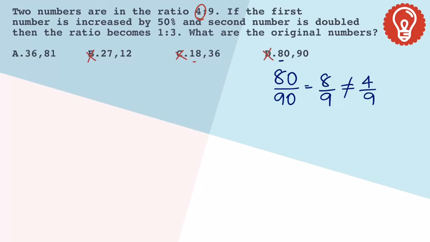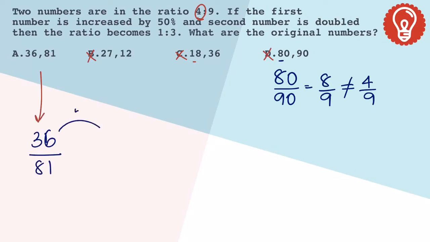And because we could eliminate all other choices and we are left with option A, we can say A is correct. But otherwise, if you have to satisfy the entire condition, let's take up this option. Now here 36 and 81.